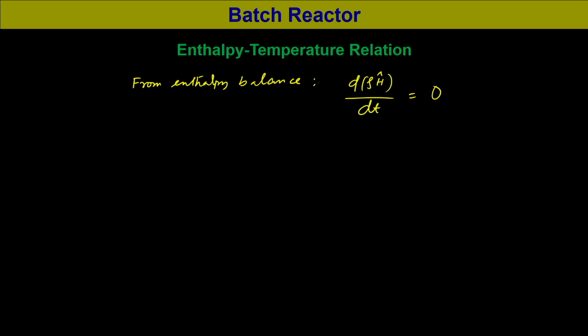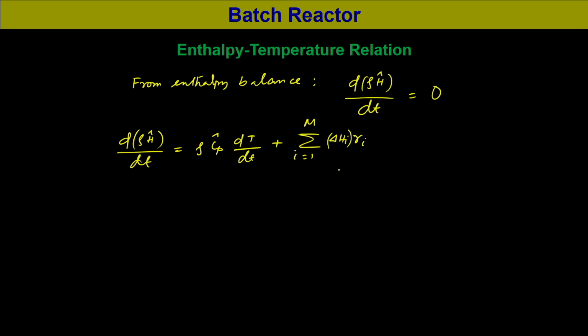So, if we substitute in this relation, d rho H cap dt would be equal to rho Cp cap dT by dt plus summation over I equal to 1 to m delta H I R I. So, this term from the total enthalpy balance is 0.